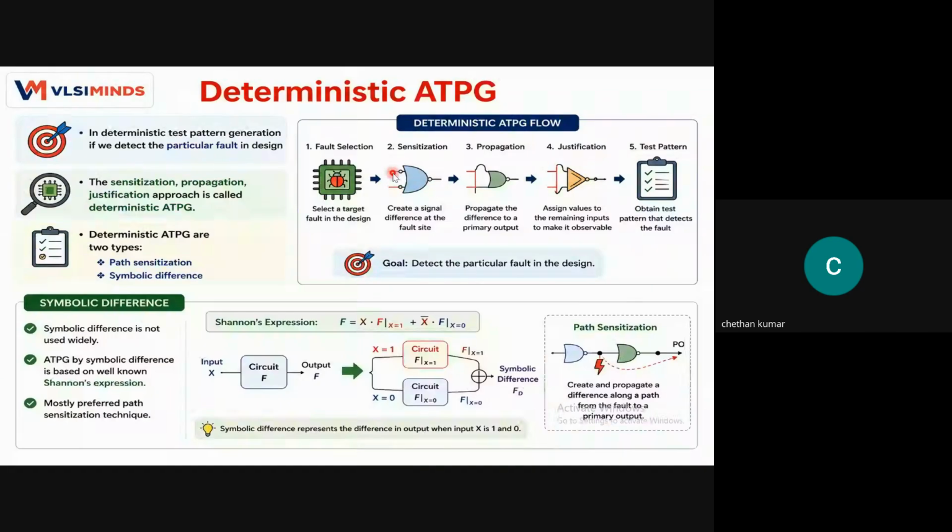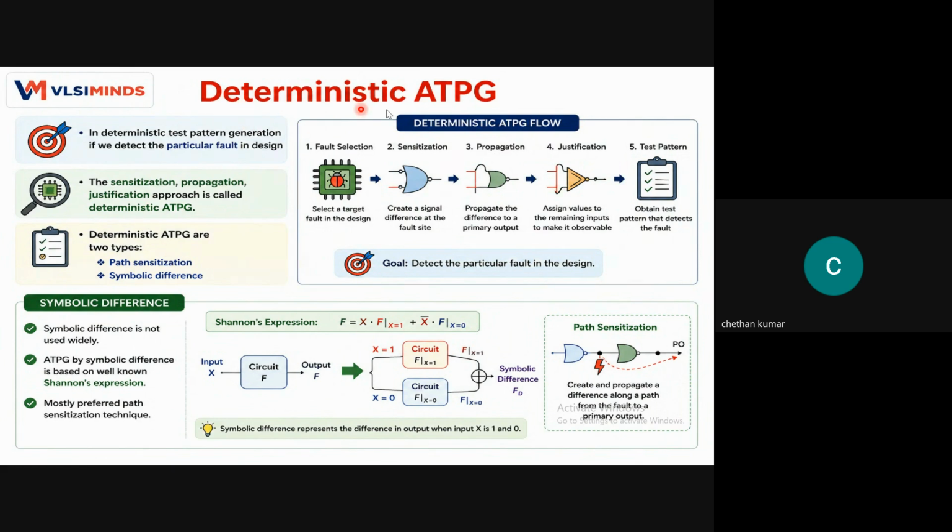That is, I apply some values so that the fault appears across this. That is called propagation. After applying these values, I need to verify through backtracing whether my applied pattern has detected the correct fault or not. That is called justification.